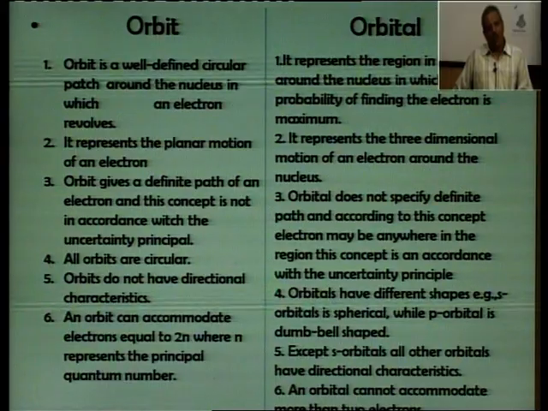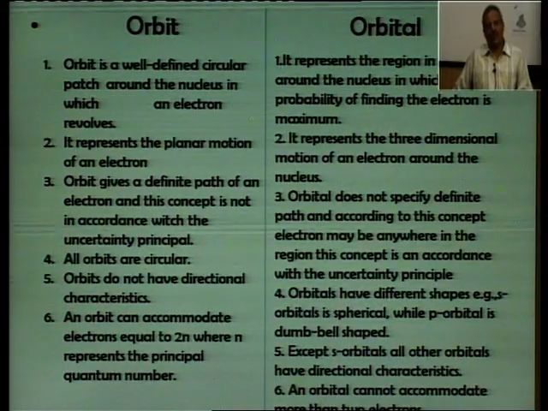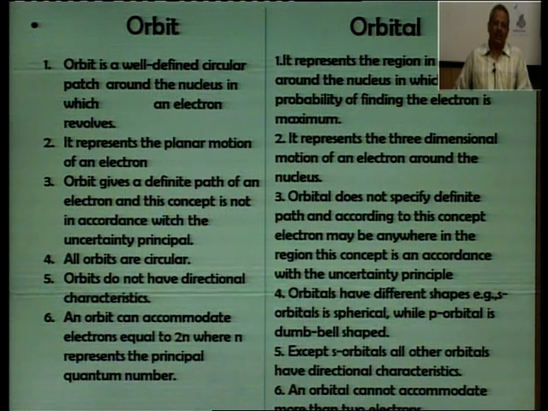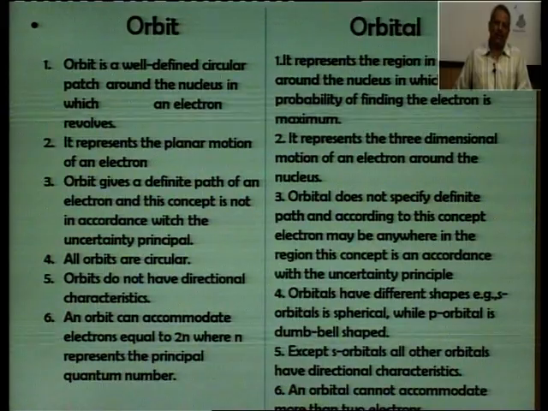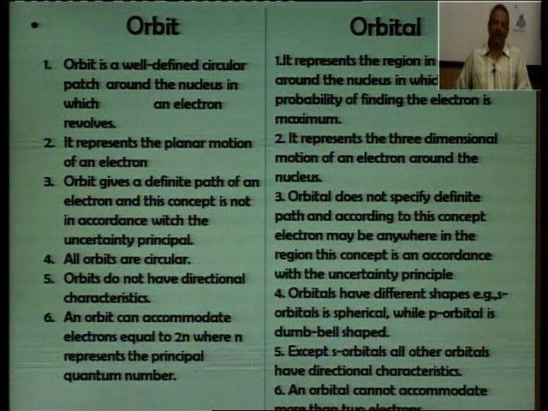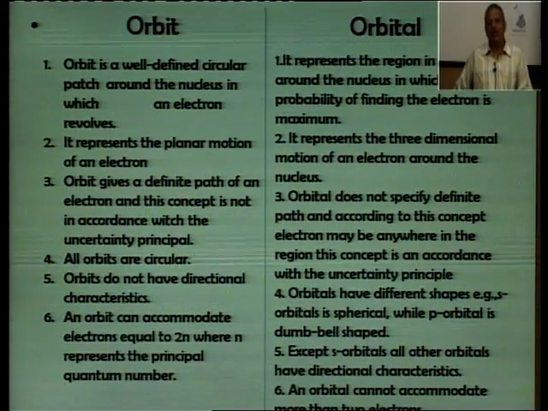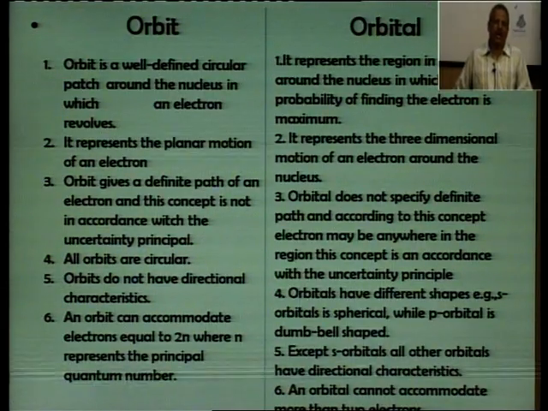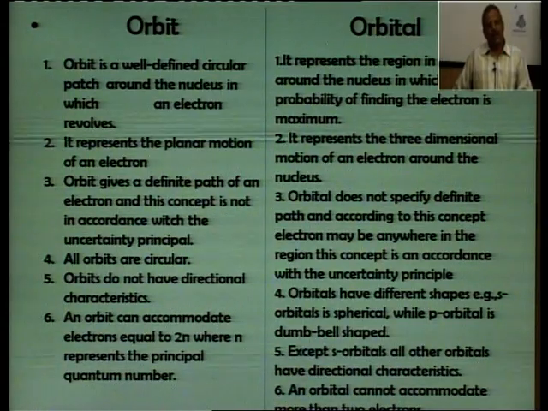So, orbits are circular, while orbitals have different shapes. They have s orbitals, p orbitals, d orbitals. S orbitals are spherical, p orbitals are dumbbell shaped, and d orbitals have different shapes as compared to s and p.